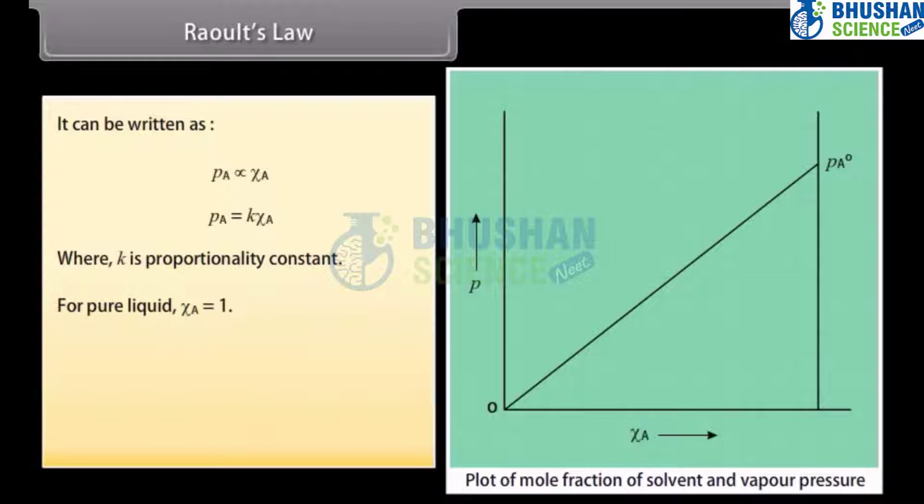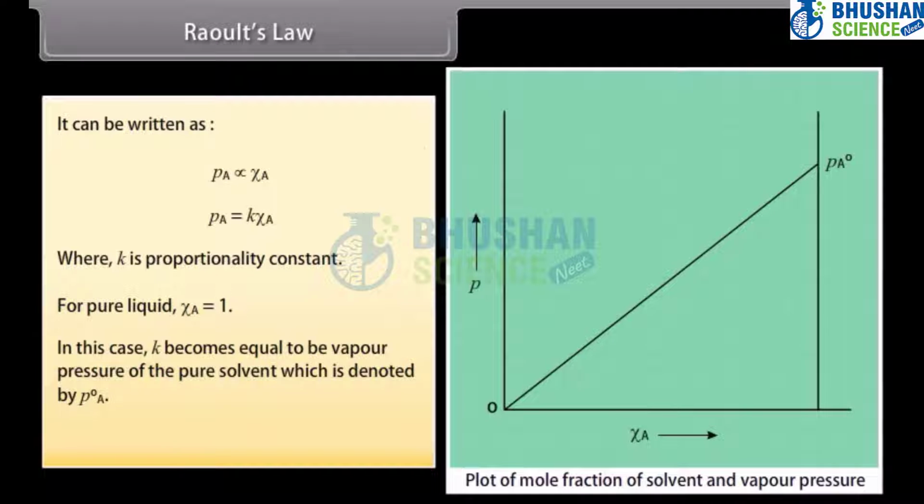For pure liquid, XA = 1. In this case, K becomes equal to vapor pressure of the pure solvent, which is denoted by P°A. Thus, PA = P°A × XA. For solutions obeying Raoult's law at all concentrations, its vapor pressure would vary linearly from 0 to the vapor pressure of pure solvent.